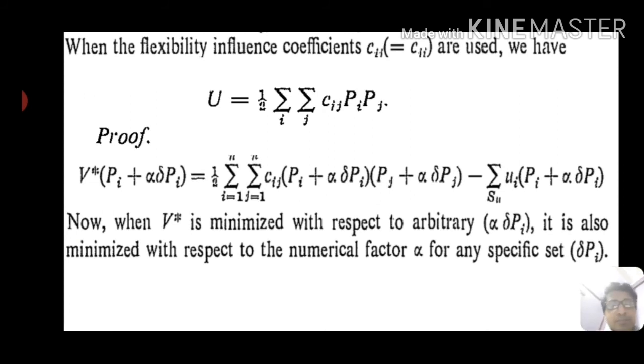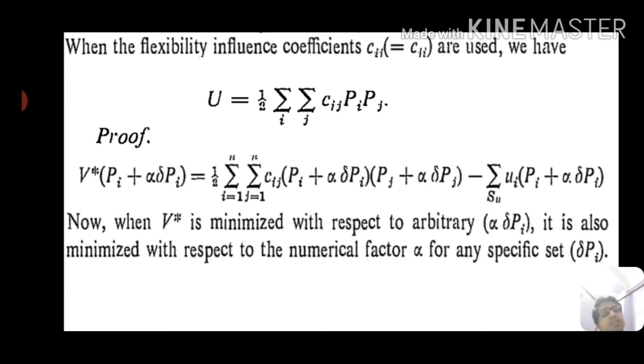V star of Pi plus alpha delta Pi equals half the summation over i equal to 1 to n, j equal to 1 to n, of Cij (Pi plus alpha delta Pi)(Pj plus alpha delta Pj) minus the summation of Ui (Pi plus alpha delta Pi).